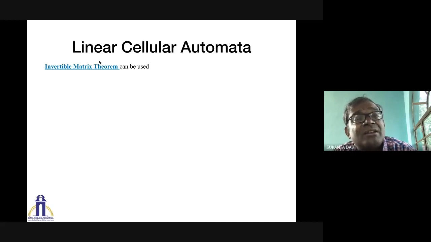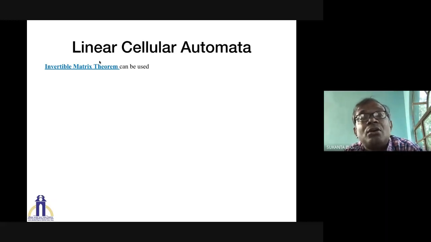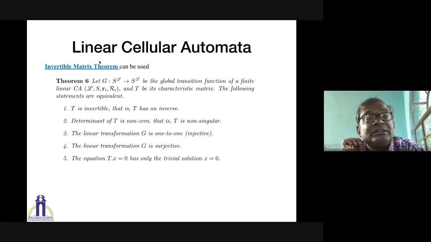When is a matrix invertible? What does it mean? This is a very basic theorem of matrix algebra. Obviously, I shall not go into the proof of this theorem, but here I shall use it. So I shall use this invertible matrix theorem to explore reversibility of linear CA. This is my theorem.